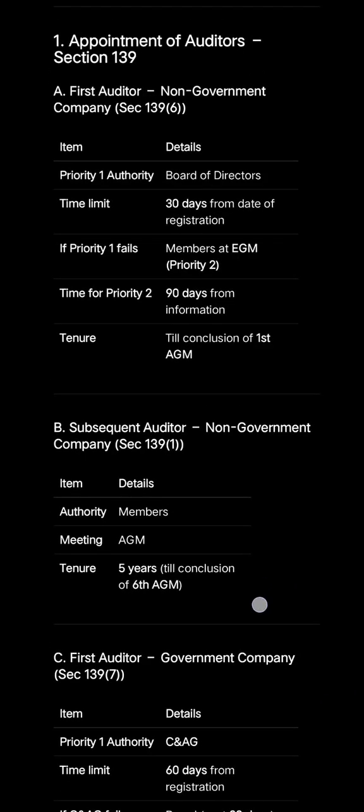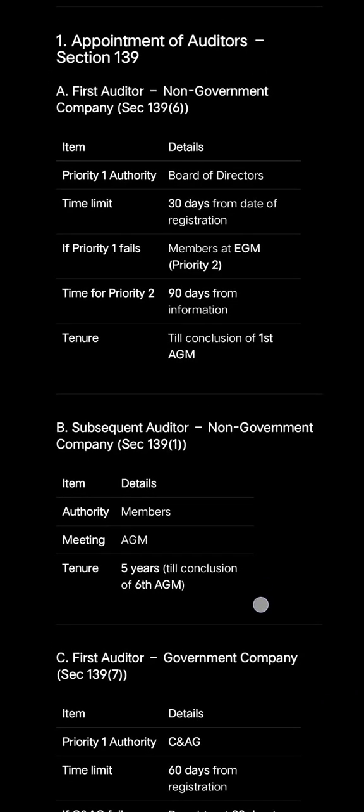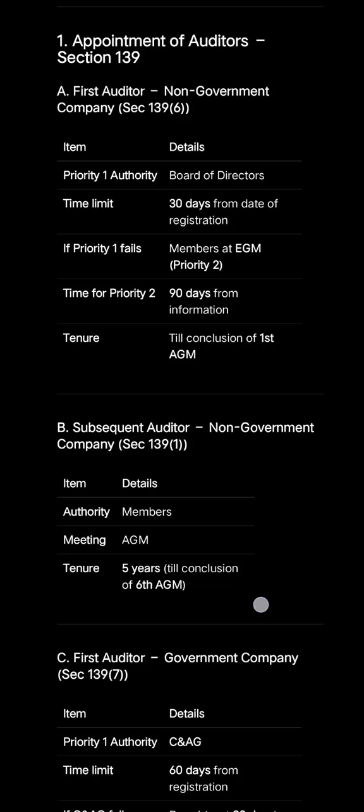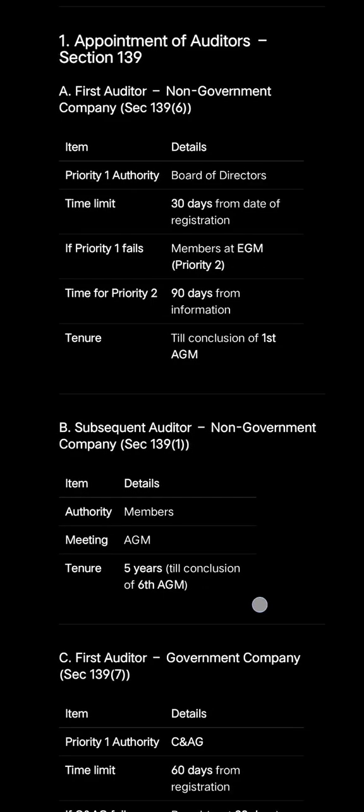The first auditor for a non-government company should be appointed by the board of directors. The time limit to appoint is 30 days.